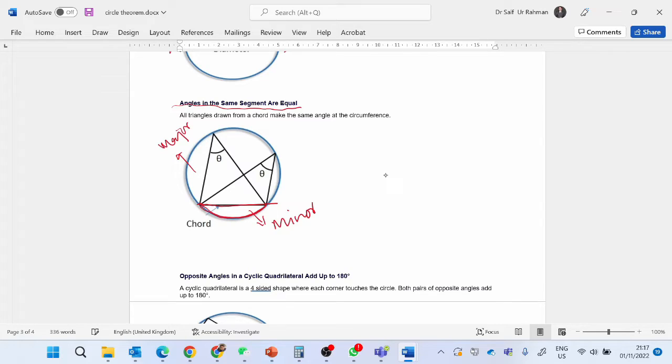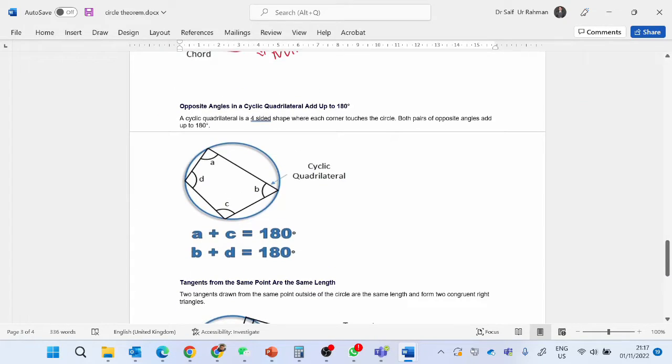It's making angles; you can see one angle is here and one angle is here. The angles in the same segment, which are made by the chord, are equal. The angles originating from the endpoints of this arc, and in the same segment, are always equal.